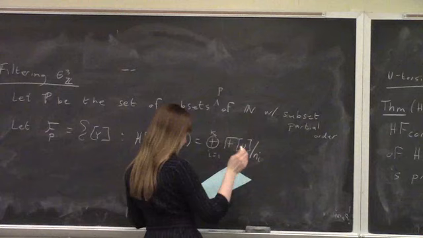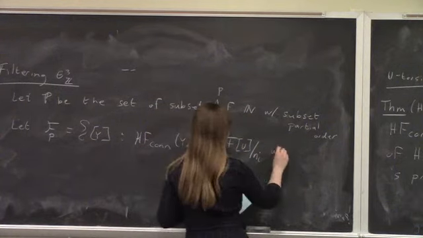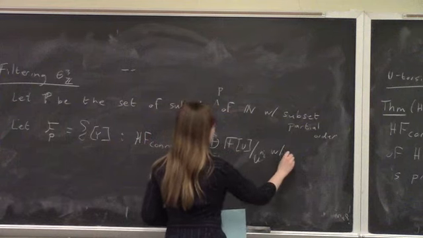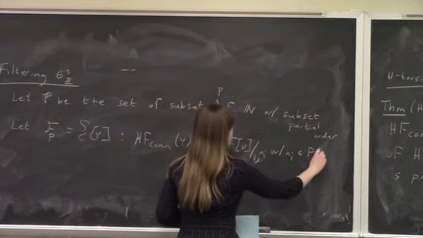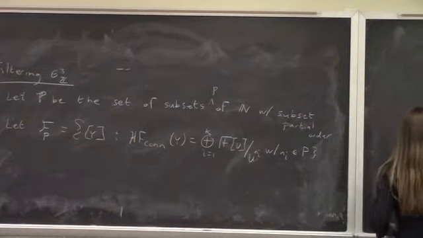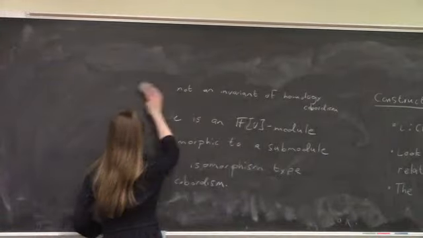I'm not putting in any gradings here because they don't matter. All I want is that these numbers in the coefficients are in my subset P. Okay. And the proposition is that this is a filtration. What do I mean by that?